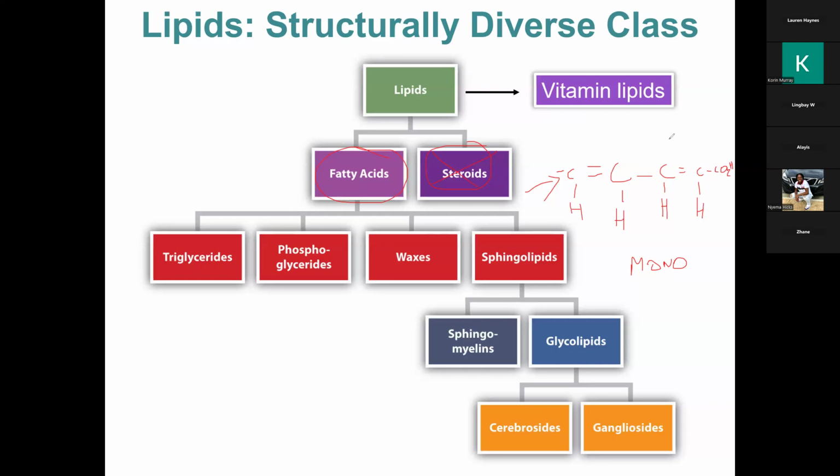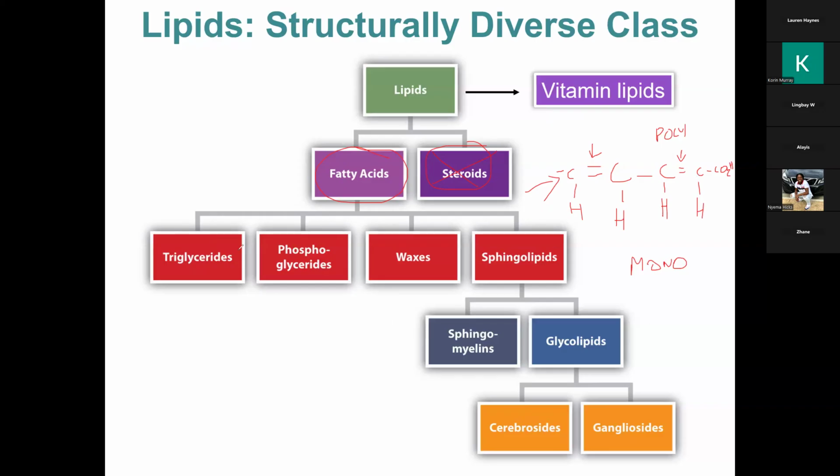That's going to come up later when we talk about metabolizing these fatty acids, because it's a different pathway between the saturated, the mono, and the polyunsaturated fatty acids. We'll study the saturated first, and then move to the mono and poly, which is just a little bit to be added on top.